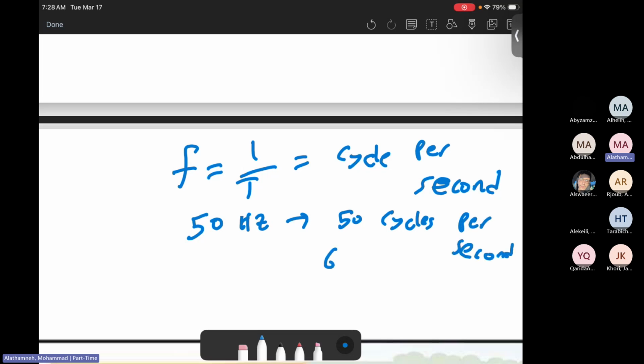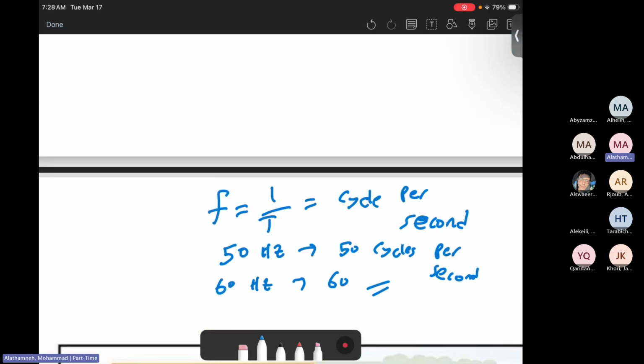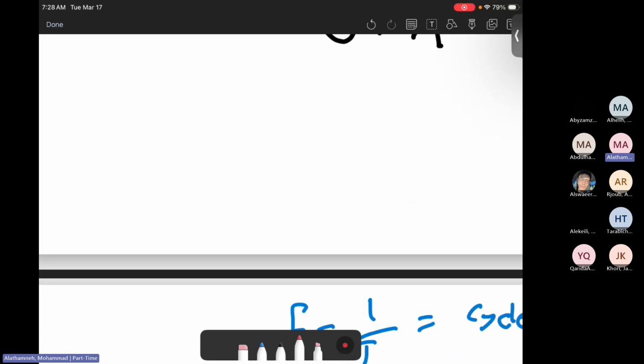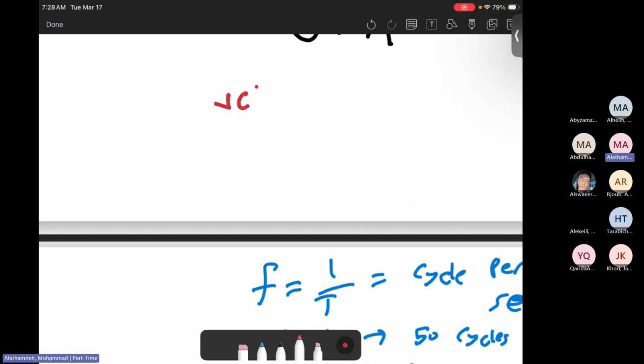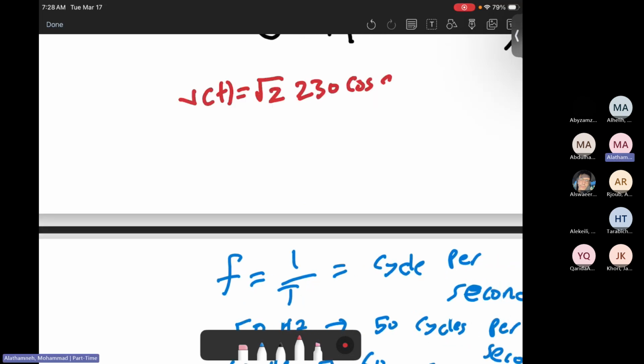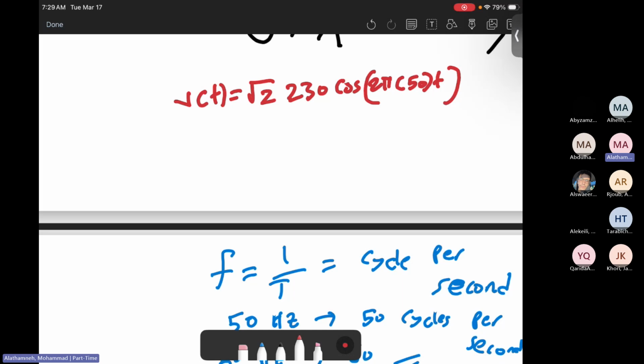Then 60 hertz is also 60 cycles per second. What does it mean, cycles per second? The overall waveform for the distribution voltage for a single phase is V of t equals square root of 2 times 230 cosine 2 pi times f, which is 2 pi times 50 t. That's the V of t.